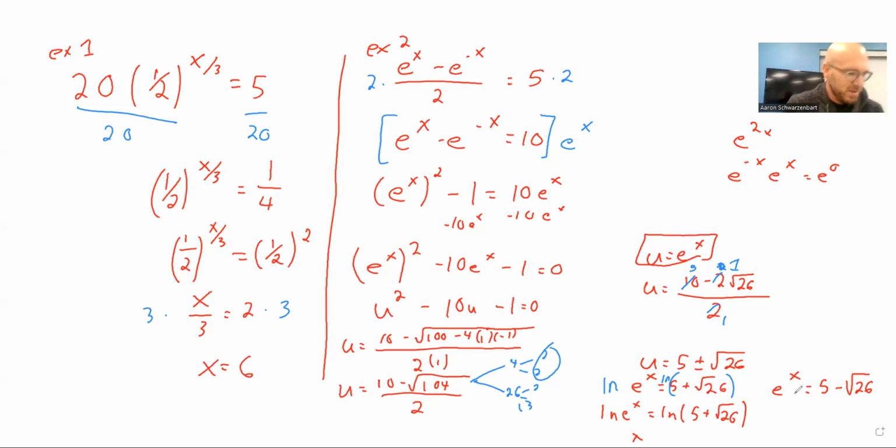That gives me, if I use a calculator, approximately 2.31. You could also leave the answer as natural log of 5 plus square root of 26.